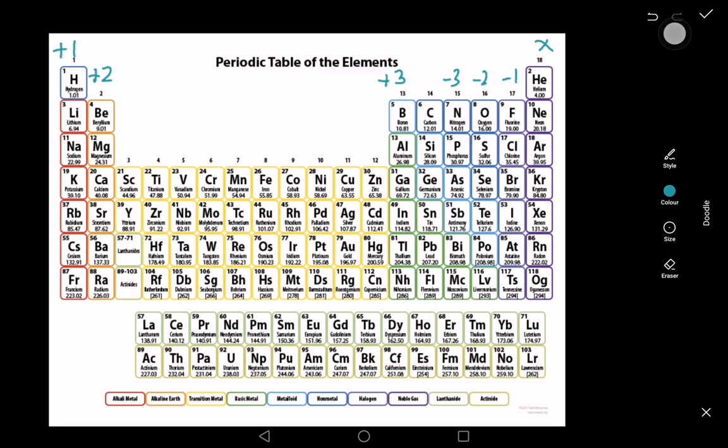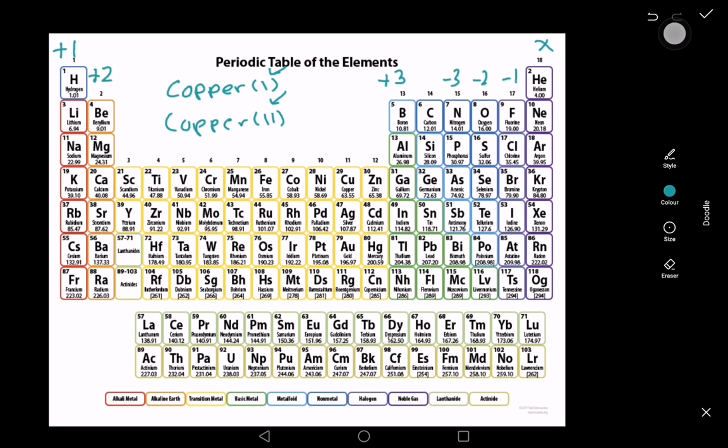For example, copper can be copper 1 ion, copper 2 ion. So how can we identify the charge? The easiest way is just to look at the Roman number.